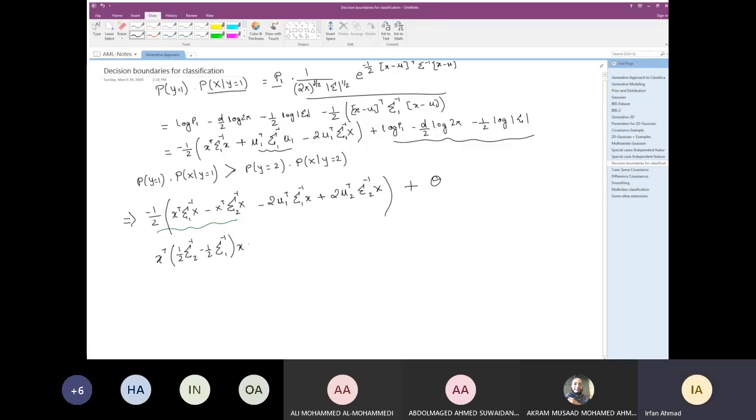And what about this one? Again, the half and 2 cancel, and the signs get reversed because of the negative in the beginning. Now we'll get something like plus mu1 transpose sigma 1 inverse minus mu2 transpose sigma 2 inverse. This is the other one, and the x is there, times x plus theta. Is this making sense?